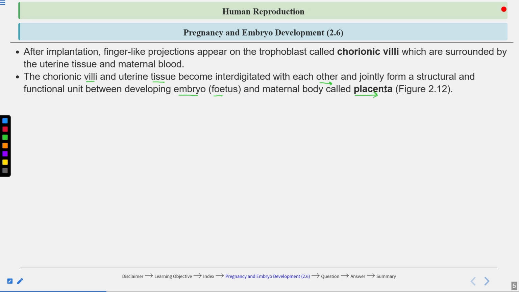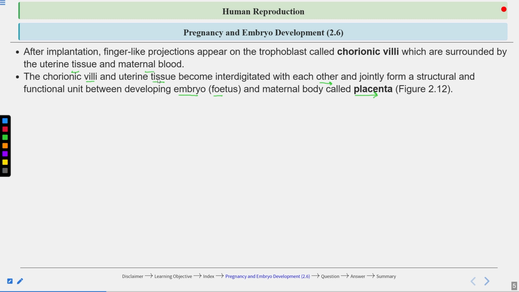So now we are discussing placenta formation. The placenta consists of 2 types of tissues: chorionic villi, which is fetal tissue, and uterine tissue, which is the maternal tissue.